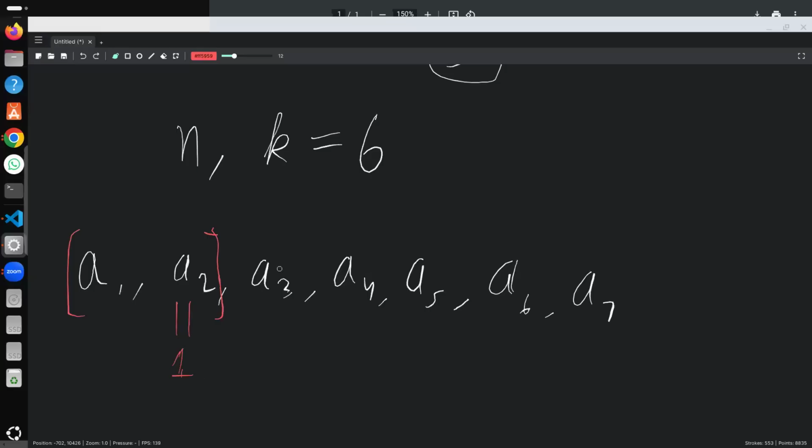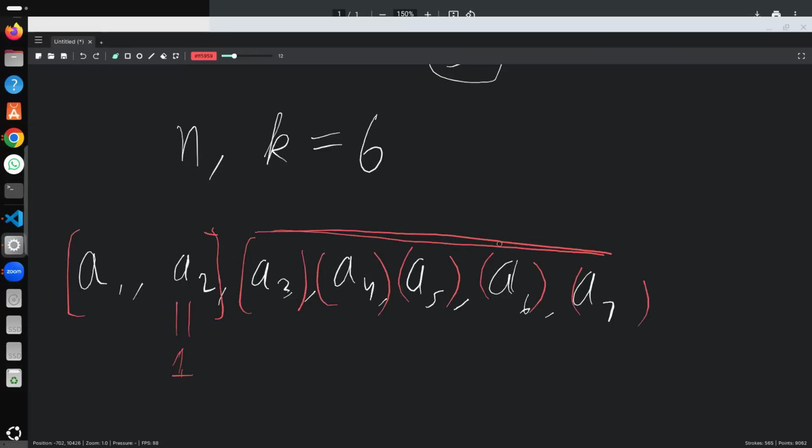And it is possible to partition the array like this, because 5 elements are remaining and we want to make them into 5 segments. So it is definitely possible. I just made 5 segments from 5 elements, right? So if A3 is not equal to 1, then this is the case. We can definitely make the answer 1, right?